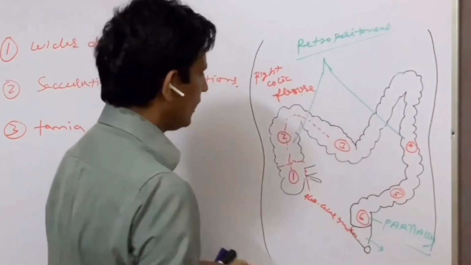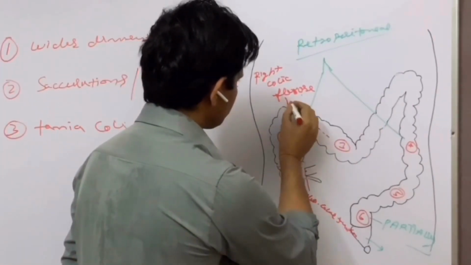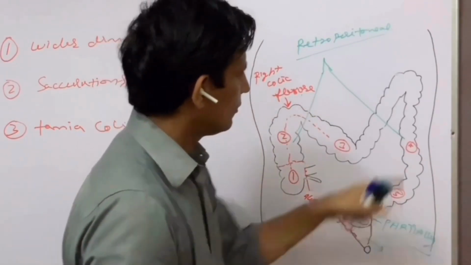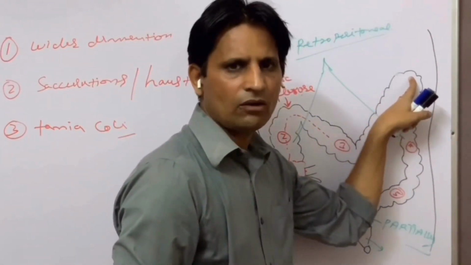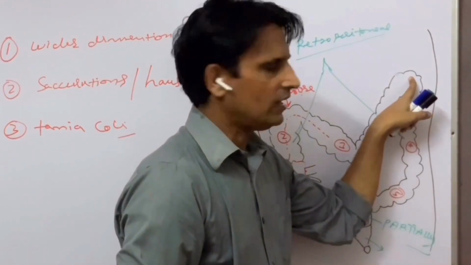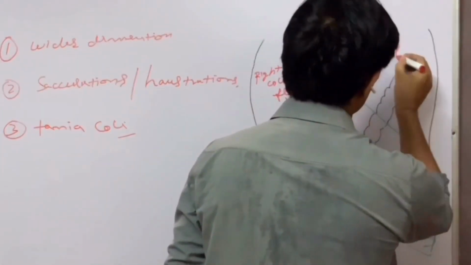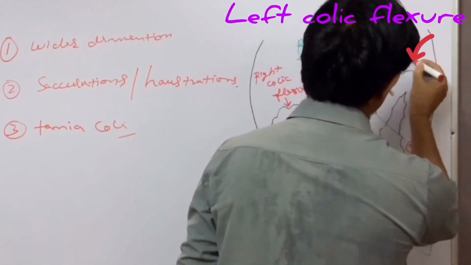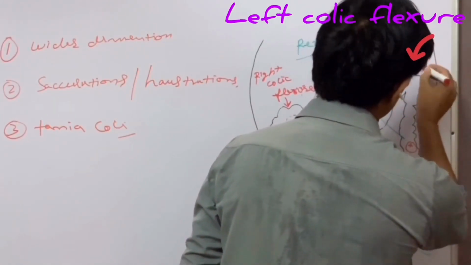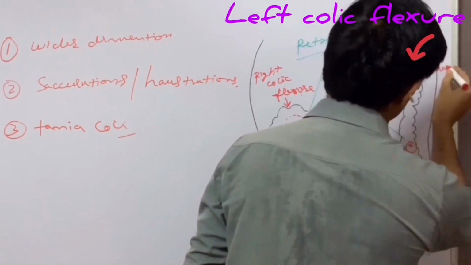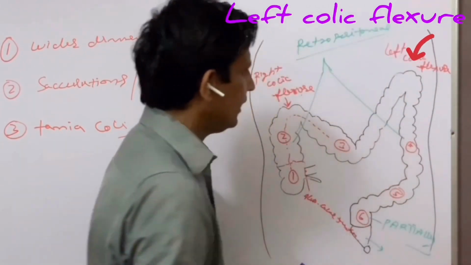This one is situated on the left side of the cavity and the body. That's why this one is the left colic flexure.